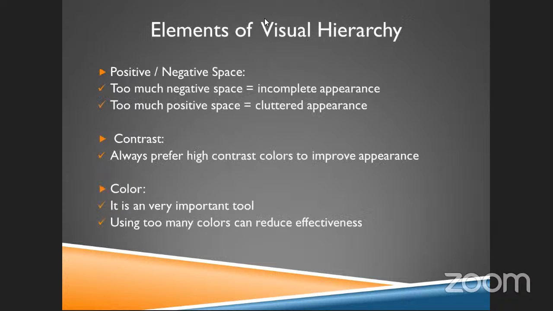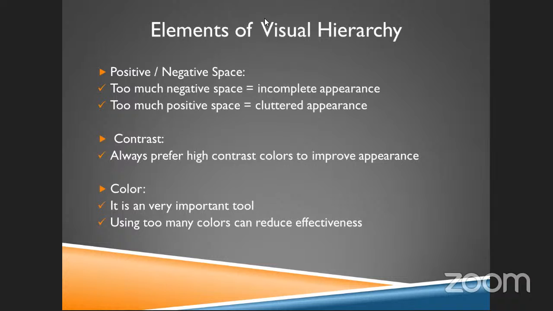And moving on to elements of visual hierarchy, the first point is positive or negative space. So this positive and negative space, I'll talk about this. The space mentioned here is basically focusing either on the text or on the background. It is where either the text or the background is being highlighted, like contrast colors.